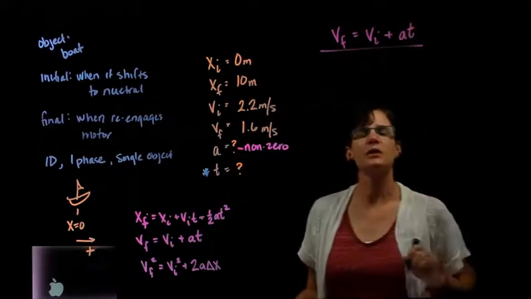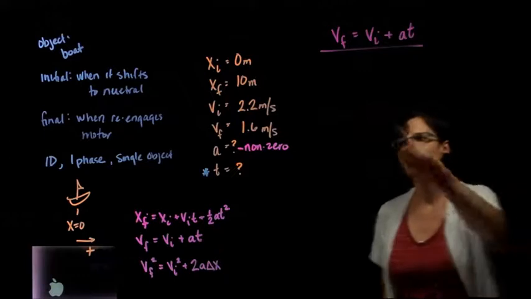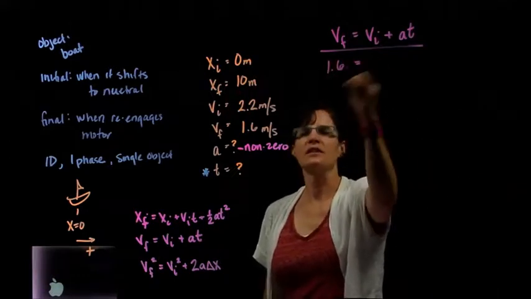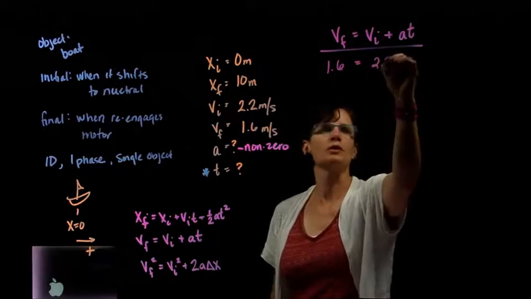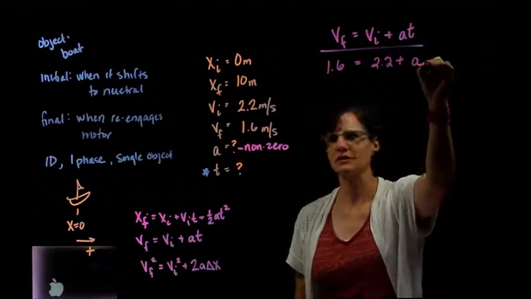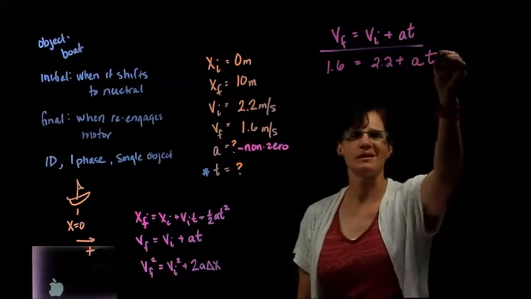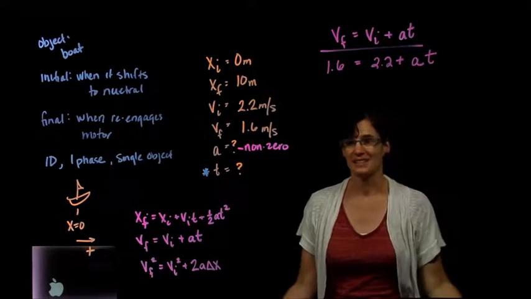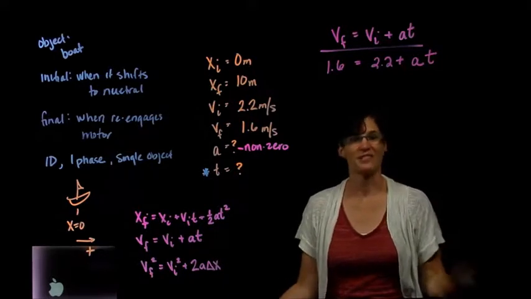So if that's the equation I'm going to start with, v final, I'm given as 1.6. V initial is 2.2, plus, I don't know my acceleration and I don't know my time. So I need the acceleration in order to find the time.